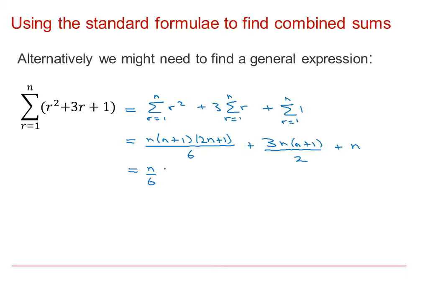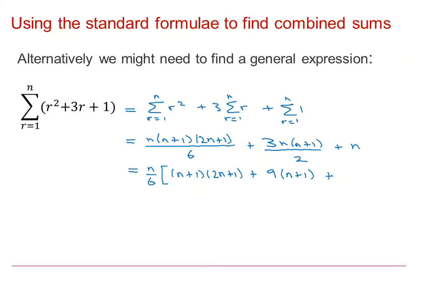So if we take n over 6 out as a common factor, that for the first term would leave an n plus 1, 2n plus 1. And if I'm taking out n over 6 for the second term, that will leave 9 lots of n plus 1.